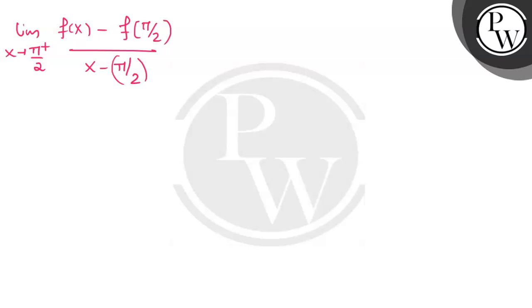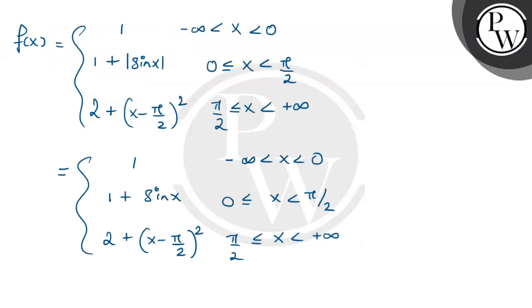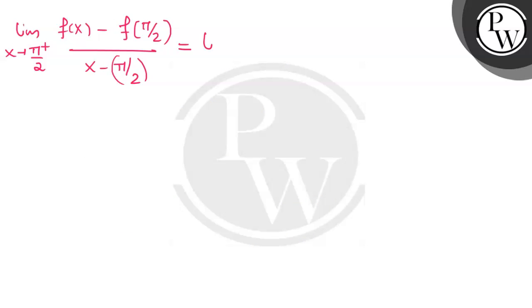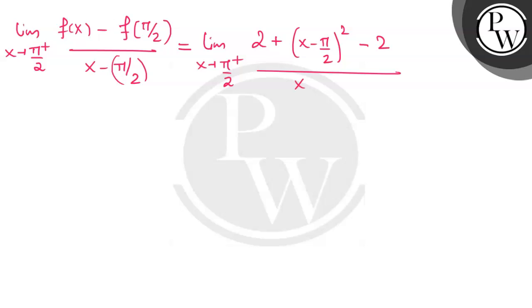So this is equal to, अब pi by 2 के right hand side पे the definition of the function is 2 plus (x minus pi by 2) the whole square, so substitute कर लेंगे, so this is equal to limit as x goes to pi by 2 plus of 2 plus (x minus pi by 2) the whole square minus 2 divided by x minus pi by 2.